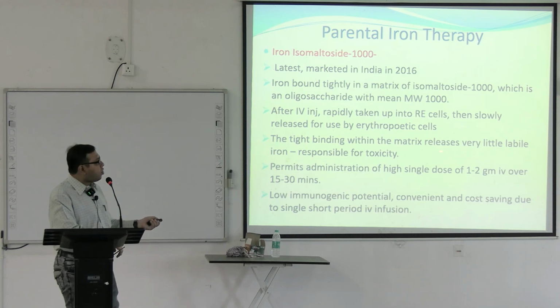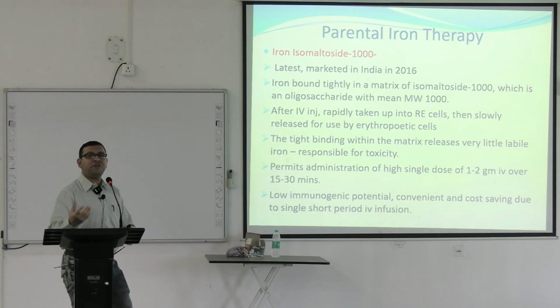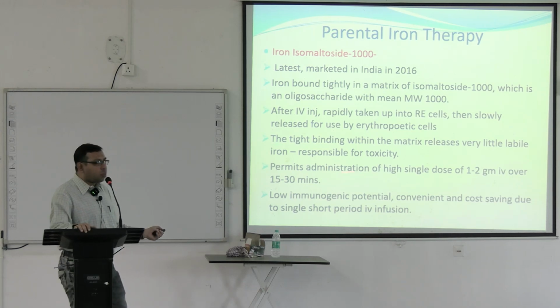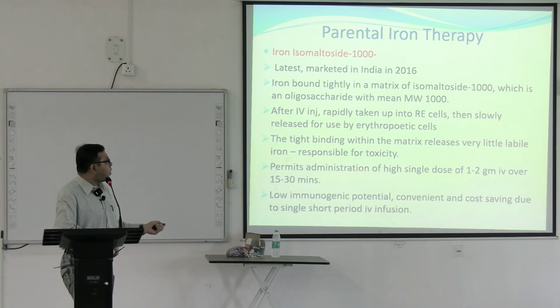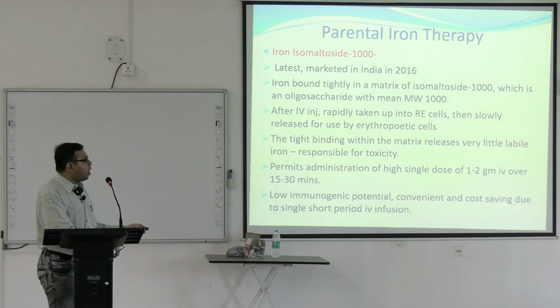Tight binding with the matrix releases very little labile iron. Labile iron means free iron. Ultimately, this free iron is responsible for the toxicity, and that is quite less with this. It permits administration of a high single dose of 1 to 2 gram IV over 15 to 30 minutes. It has low immunogenic potential, and is convenient and cost saving due to the single short IV infusion.